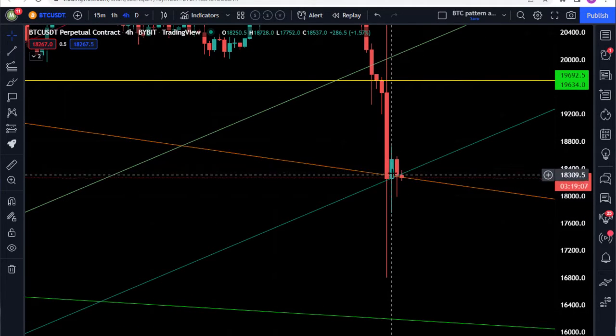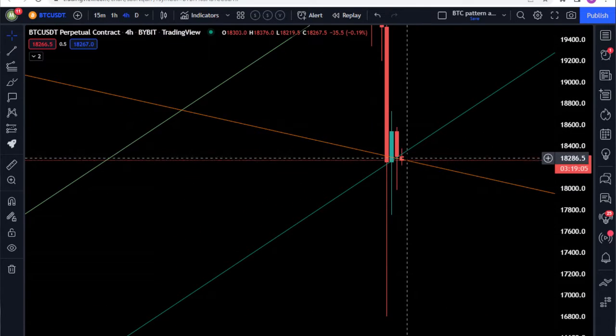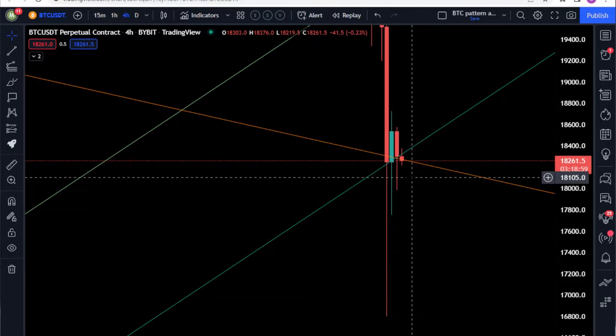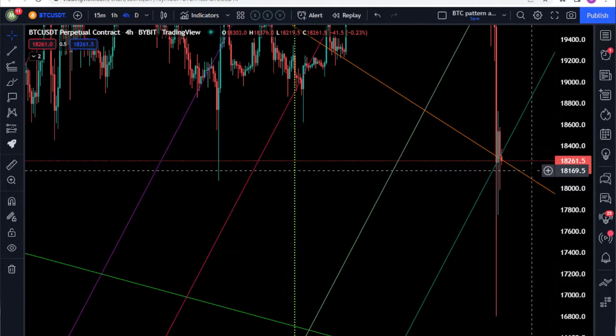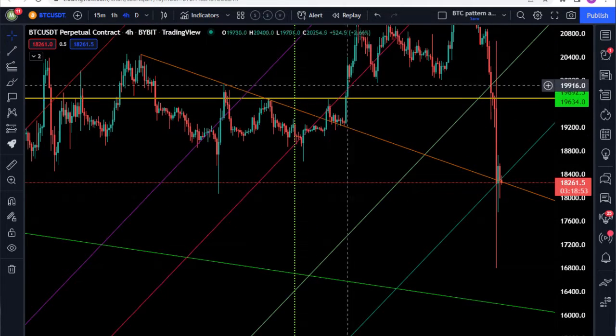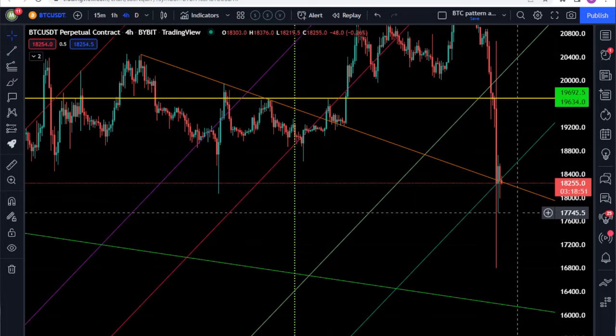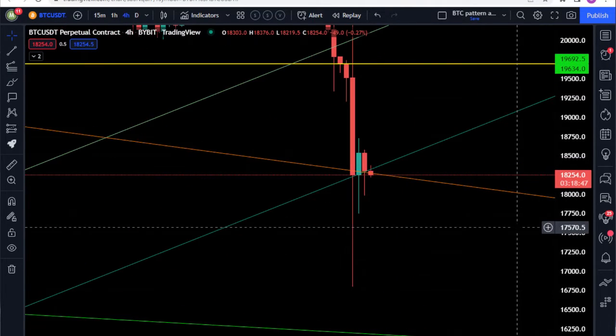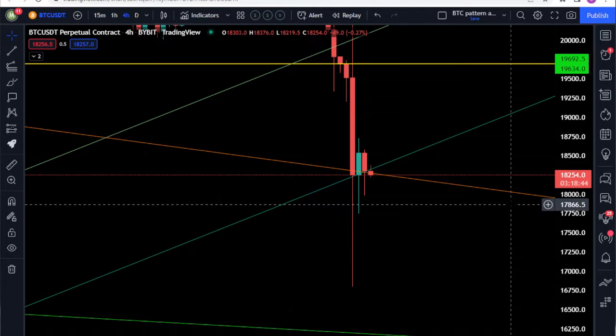We are bouncing off the Fibonacci channel, but now we fell under it and we're getting resistance, and the price is at 18,322. We are below the Fibonacci channel. This orange line is another line which is a descending resistance which we broke out from, and now we're retesting or even falling back in, which is also a bearish indication. So for the short term, I expect some bearishness.